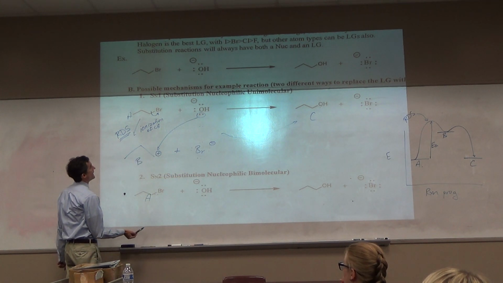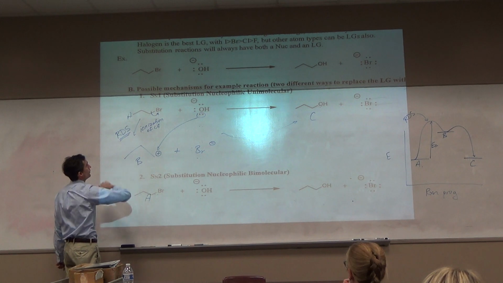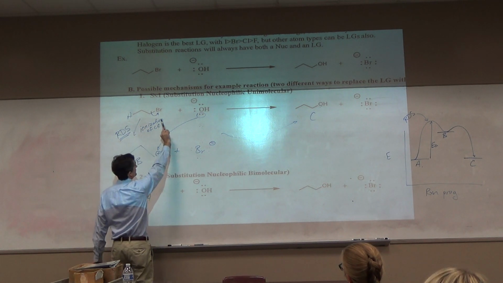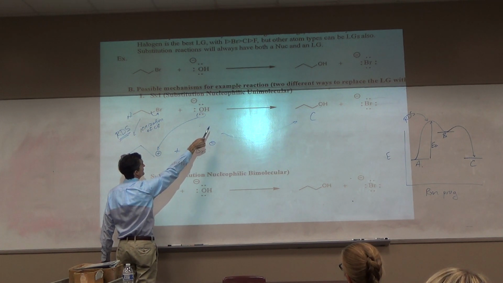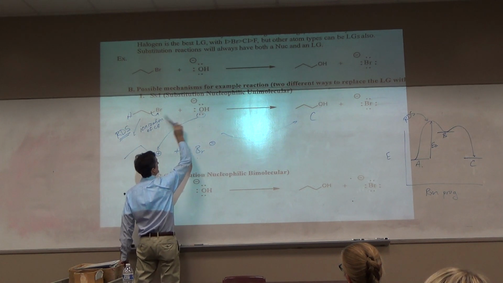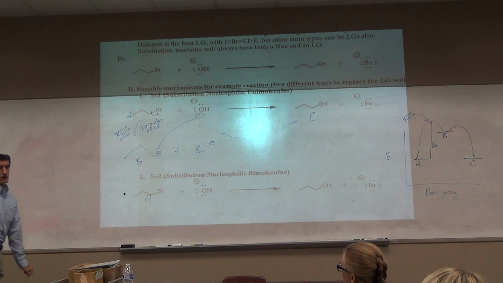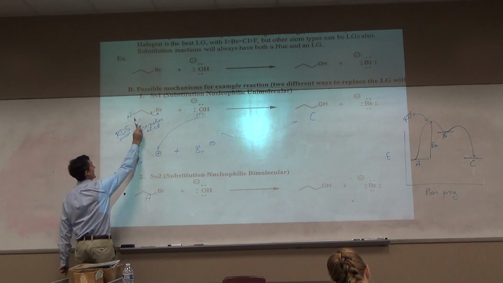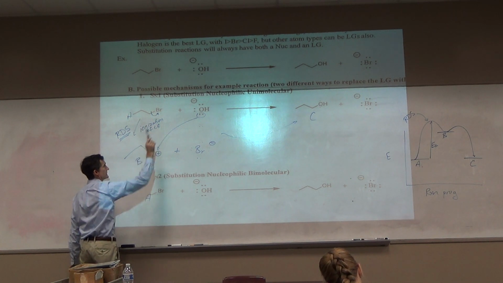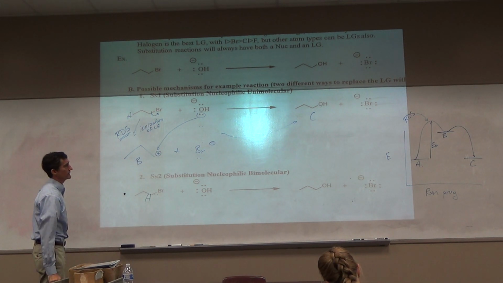No. This is why it's called SN1. Substitution, nucleophilic, because a nucleophile is doing a substitution. But it's unimolecular: one molecule or one reactant involved in the rate determining step. It's the alkyl bromide. Hydroxide is not involved in the rate determining step.